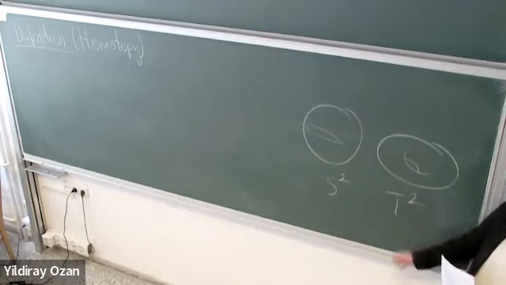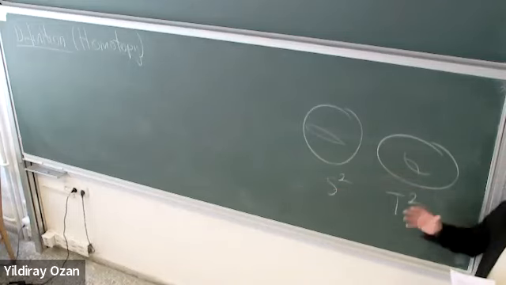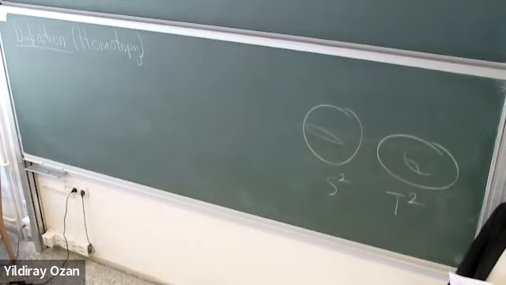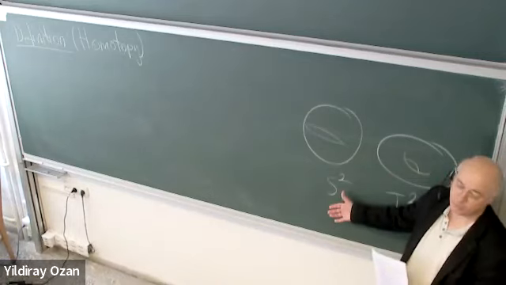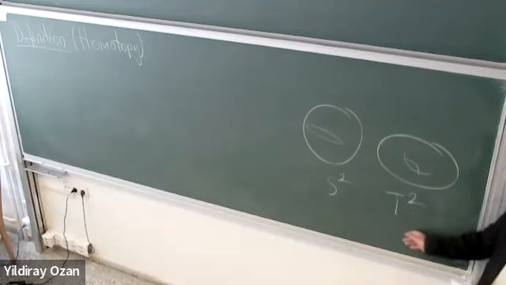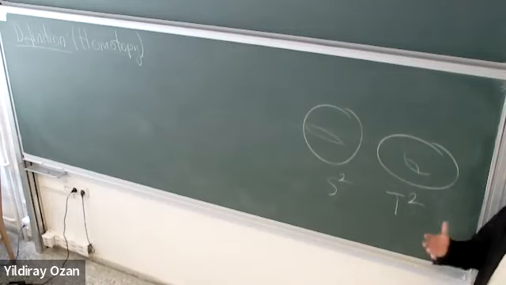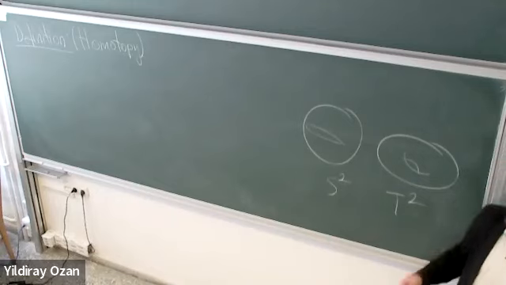Another way, you may associate groups to these gadgets, but that's also not something easy. And we will show that this has trivial fundamental group, while this one has fundamental group Z plus Z. Since they are not the same, we will say that these two spaces are not homeomorphic.